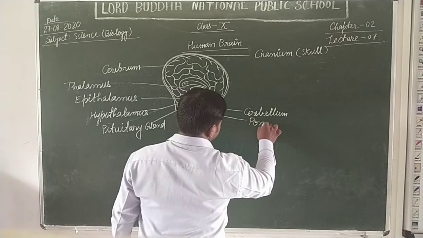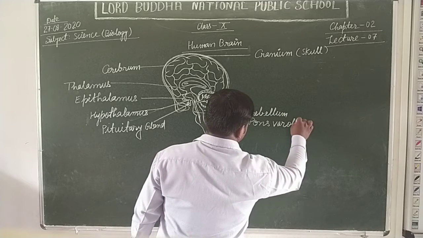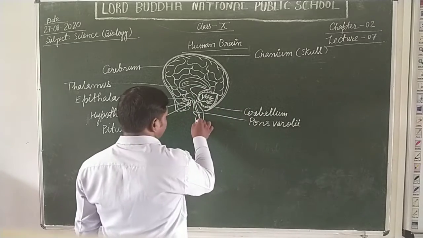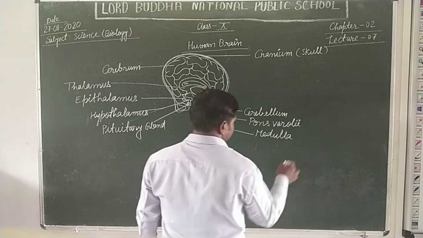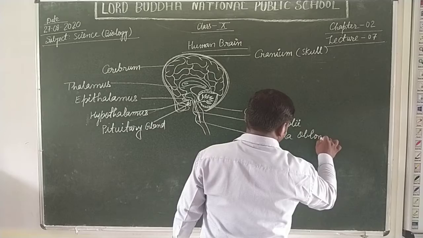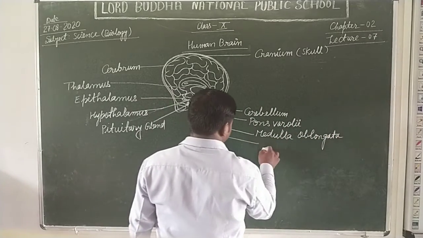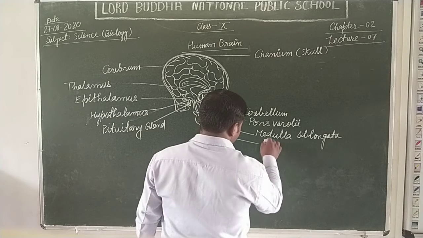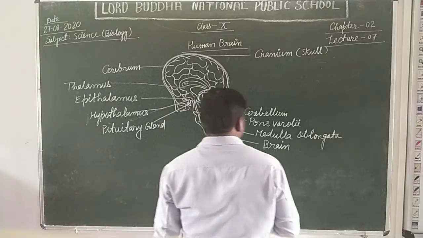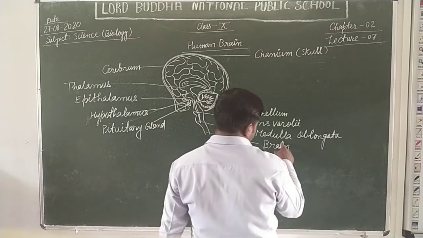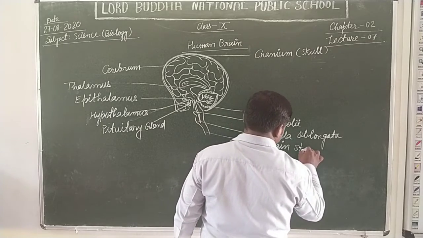Pons varolii, medulla oblongata, and this is the brain stem, which is connected with the spinal cord.